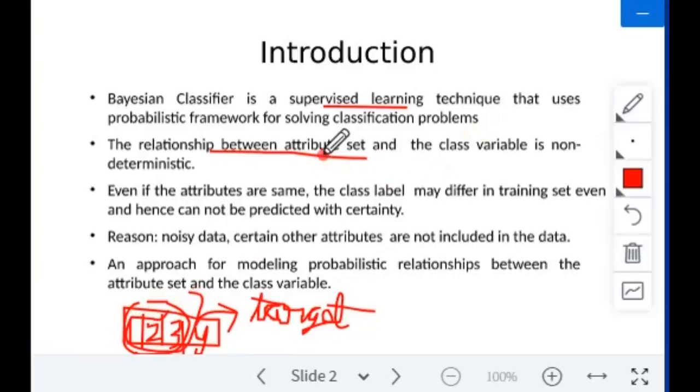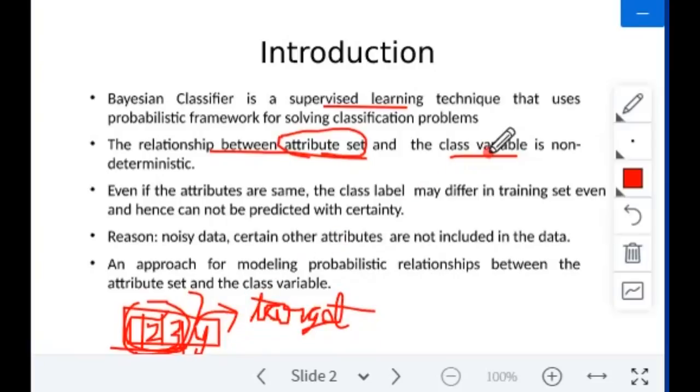Whatever I am talking about the attribute set, you can imagine attribute 1, attribute 2, attribute 3. They are the attribute set, and the class variable is nothing but the target variable. Based on the attribute set values, we will be deciding what the class value is.